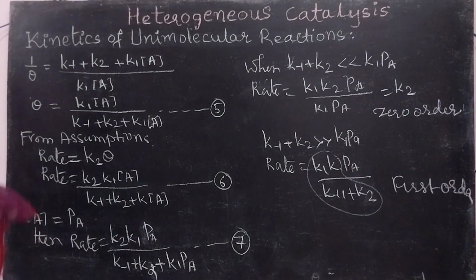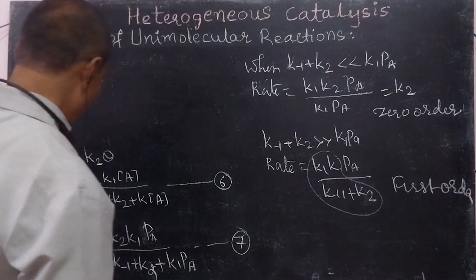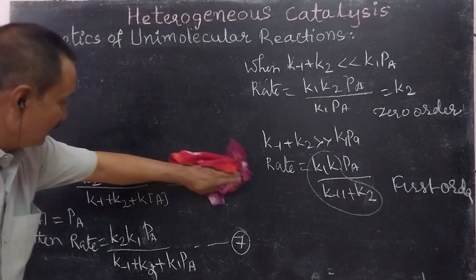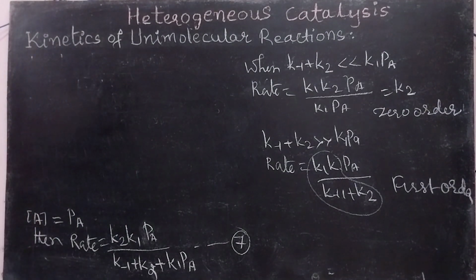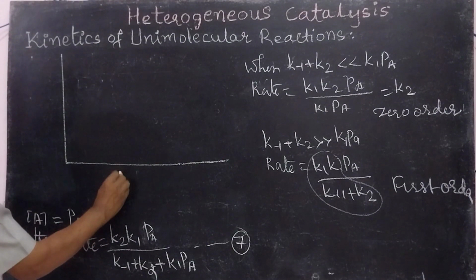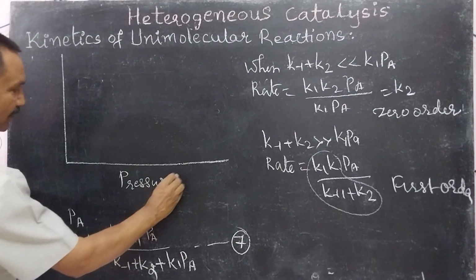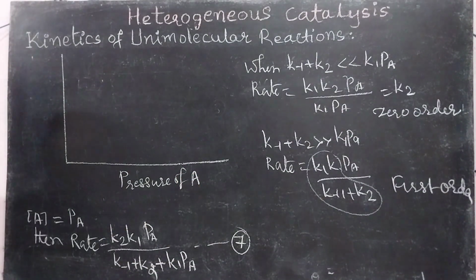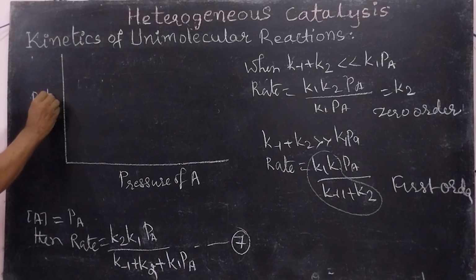The same can be represented with the help of a diagram. In this case, which is variable in equation 7? Rate is variable with Pa. Thus we can plot a graph of pressure of A, or Pa, and here this is rate.